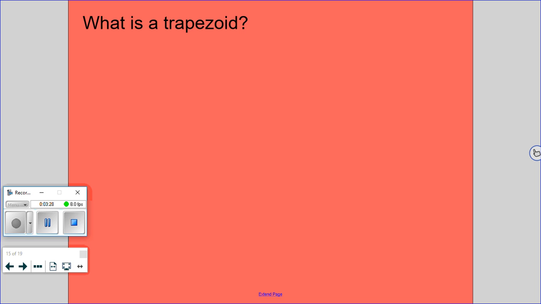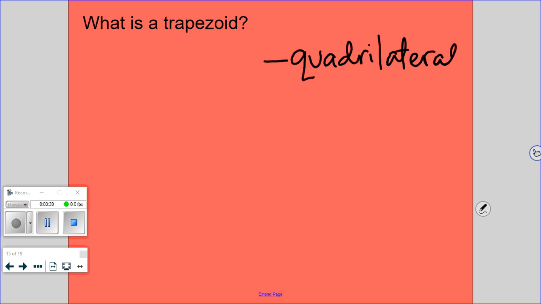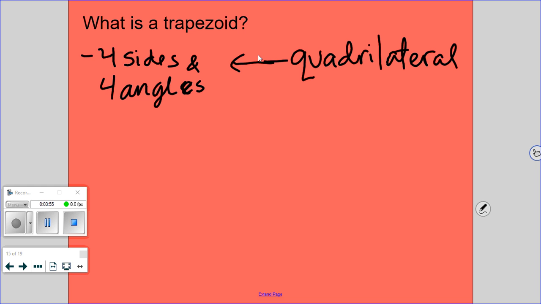Alright, first rule is we know a trapezoid is a quadrilateral. I just told you that. That's a name for those shapes, which means it has 4 sides and 4 angles. That's what that means. We know that.